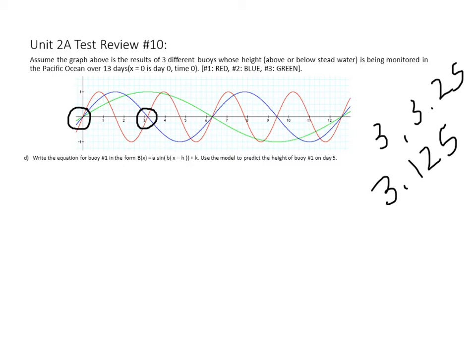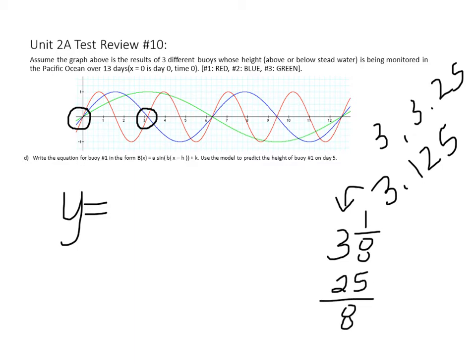All right, so when I write the sine wave, I would write y is equal to... This is my period, and if I think of it as 3 1/8, I'm going to change this decimal into a fraction, 25 over 8. Again, I did 8 times 3, and then added the 1, so 25 over 8.